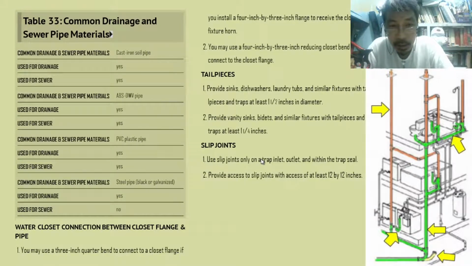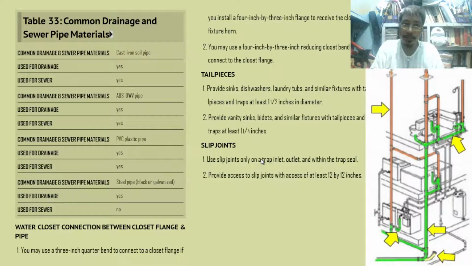And you may use a 4" by 3" reducing closet bend to connect to the closet flange. So, a reducer. Either of those can be used to connect the closet flange and pipe.